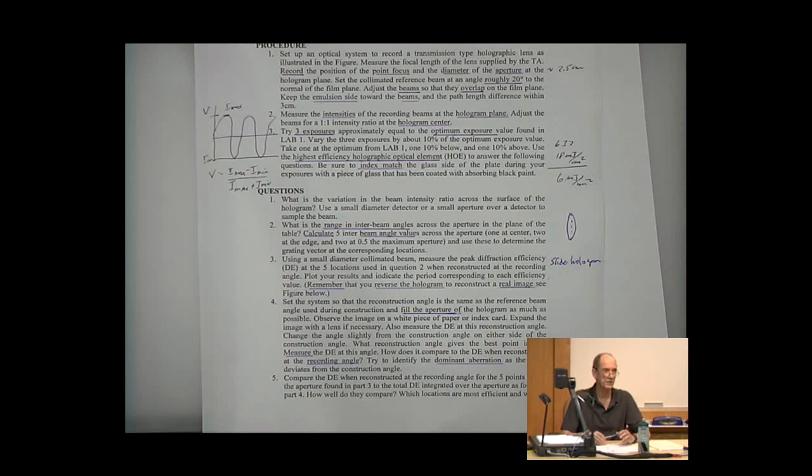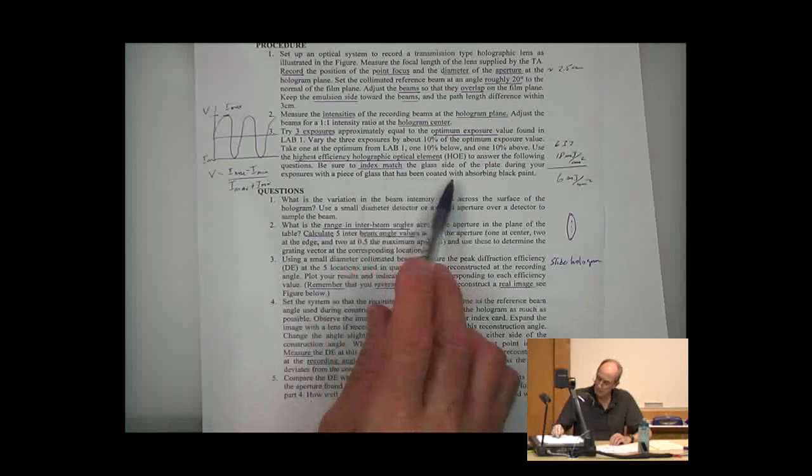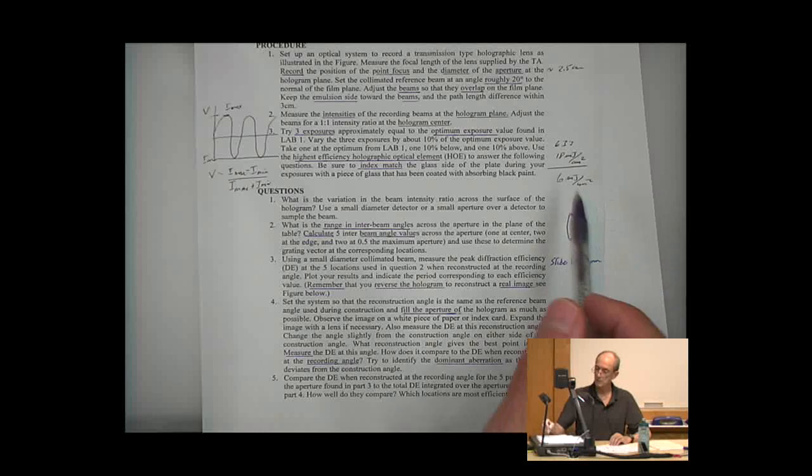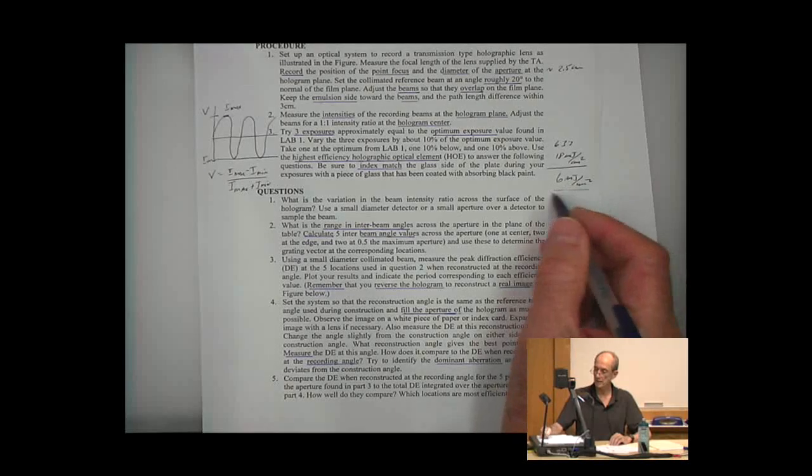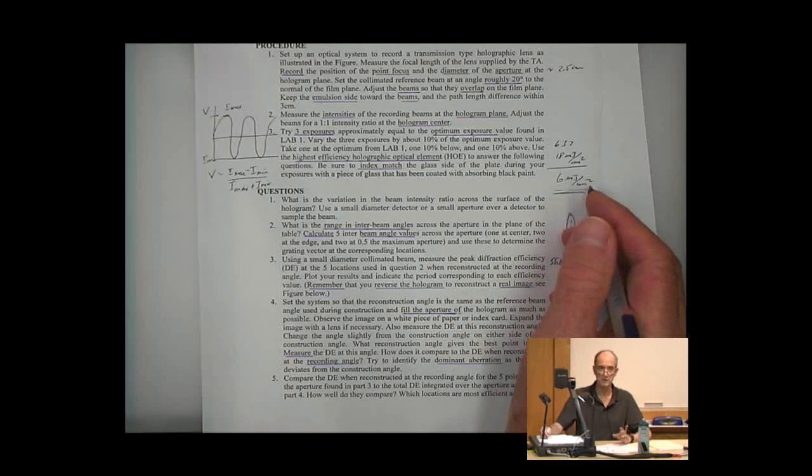So the material is kind of losing its responsivity a bit, but it should easily get 50, 60. I've gotten 90% diffraction efficiency when the material's fresh. Anyway, take whatever exposure level you had, because again, this is a transmission hologram.